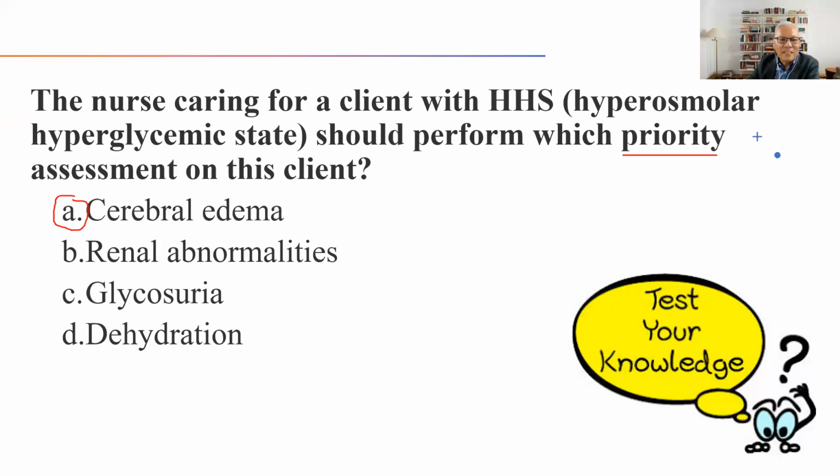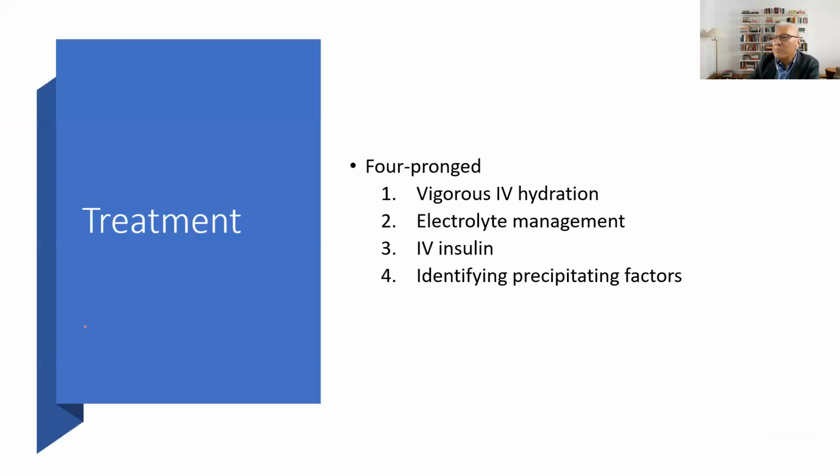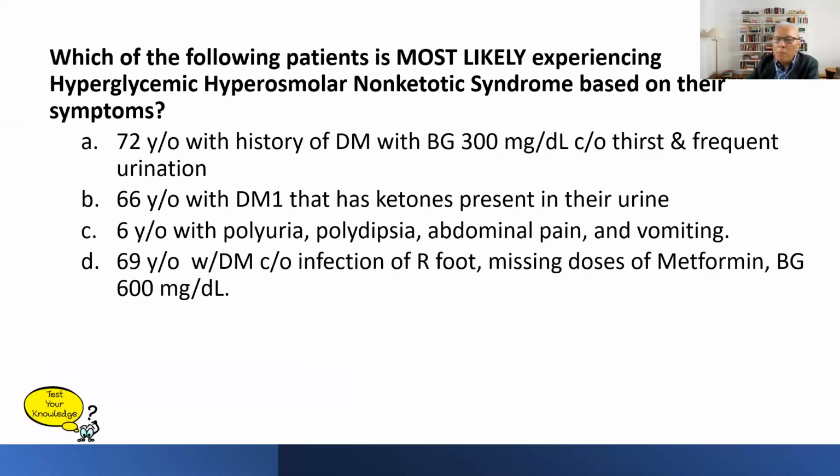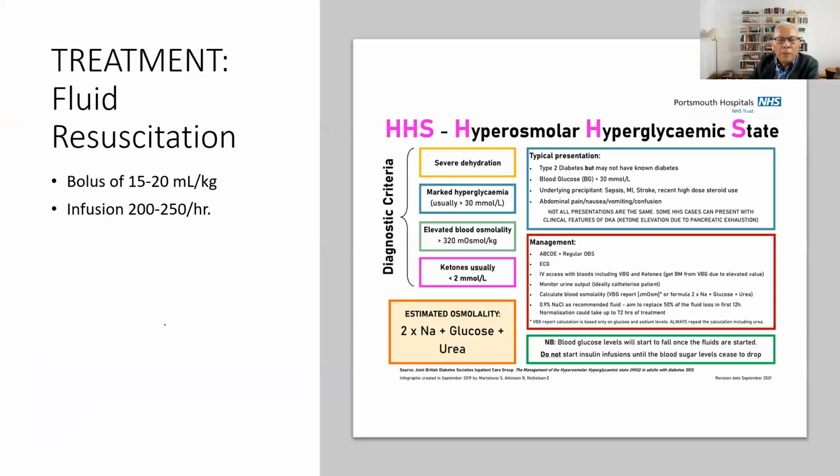Okay. All right. So the treatment is going to be hydration, electrolyte management, similar to DKA, IV insulin, and of course, to identify the precipitating factors. I'm not going to go over how much we're going to give as far as fluids are concerned, because we already talked about that when we talked about DKA.